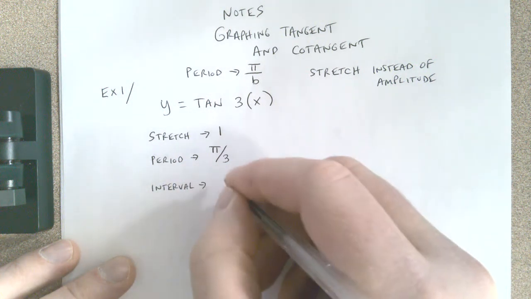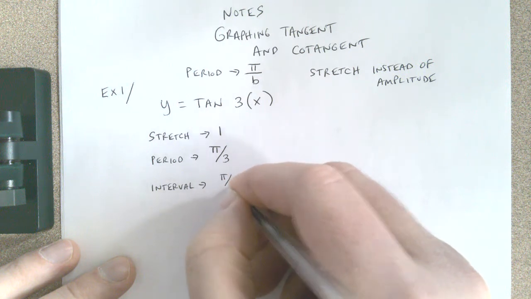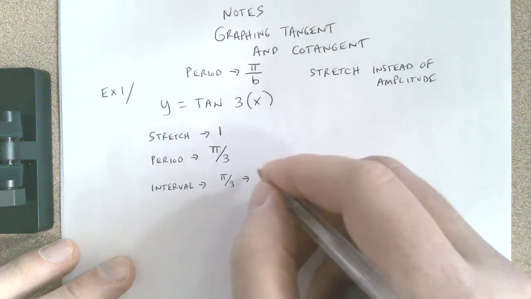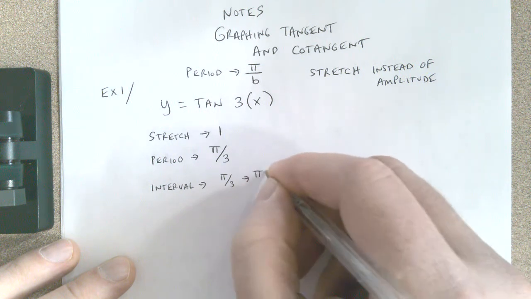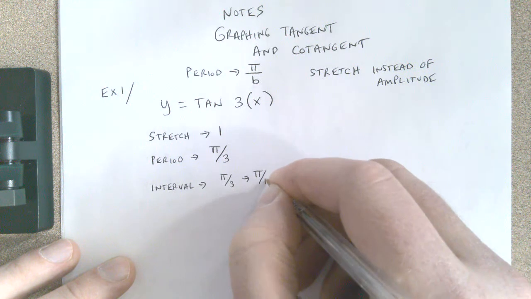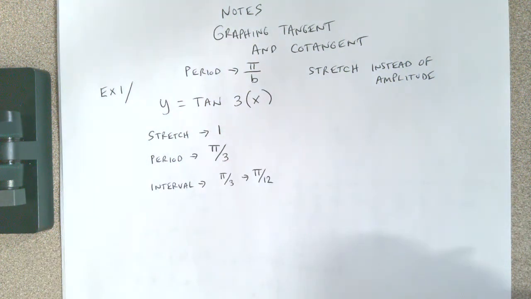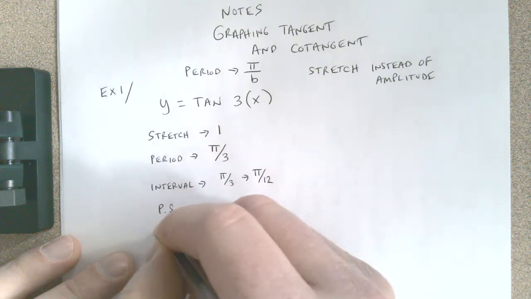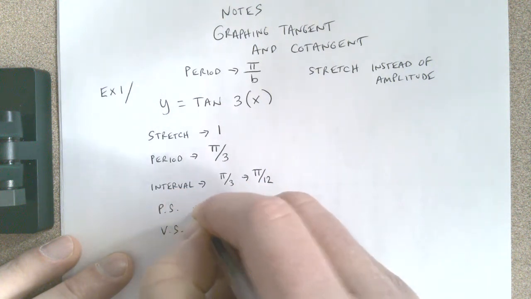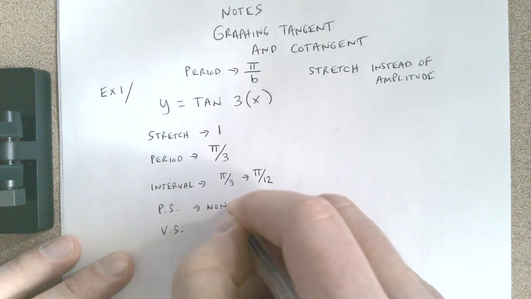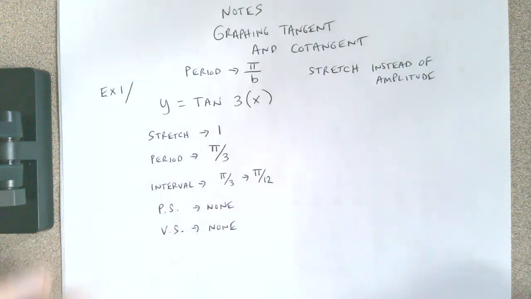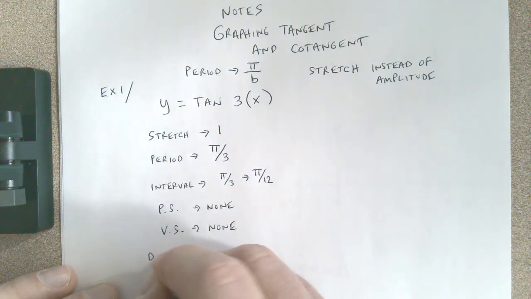So if I do pi thirds and divide that by 4, that's going to give me pi twelfths. Again, our phase shift and vertical shift are the same. In this case, we have none. Vertical shift, none. And eventually, we will also find the domain and the range after we graph it.